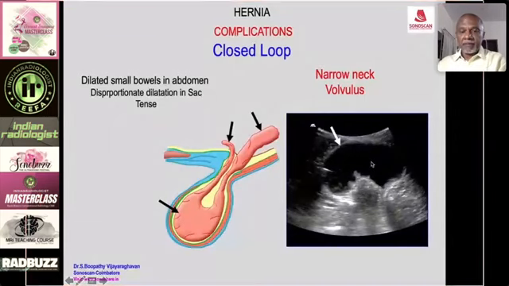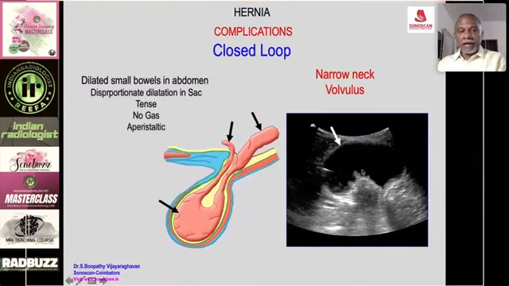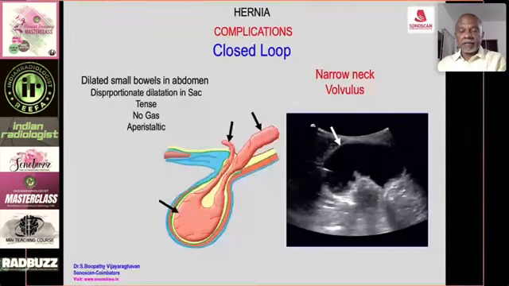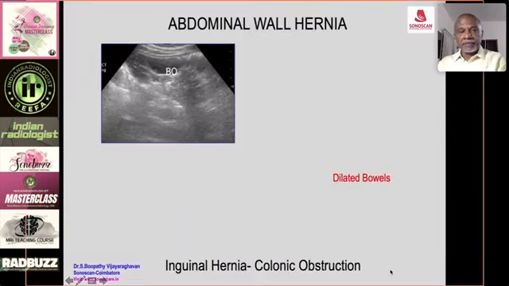It will not be compressible, and there will not be any gas because there is proximal obstruction also, and it will be aperistaltic because it is tensely distended, with obstruction at the neck. So this is a case of ventral hernia with closed loop obstruction.